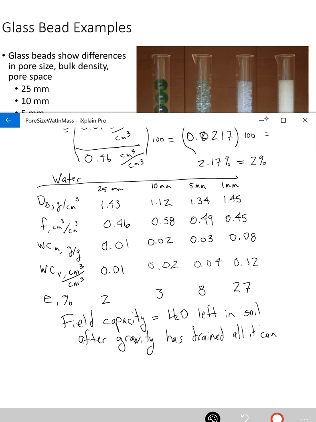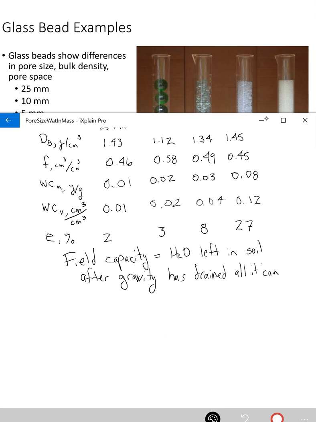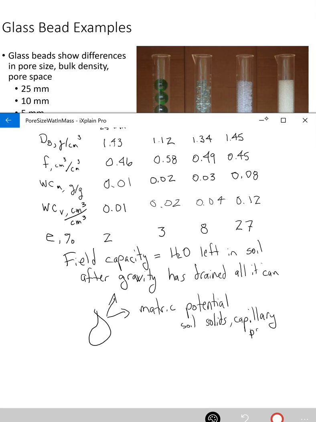And that requires you to remember something about those four forces that are working on that water drop. So if we have our water droplet in the soil, we've got the matrix potential that can pull several different directions, but that's the attraction of the soil solids and capillary pores for the water.